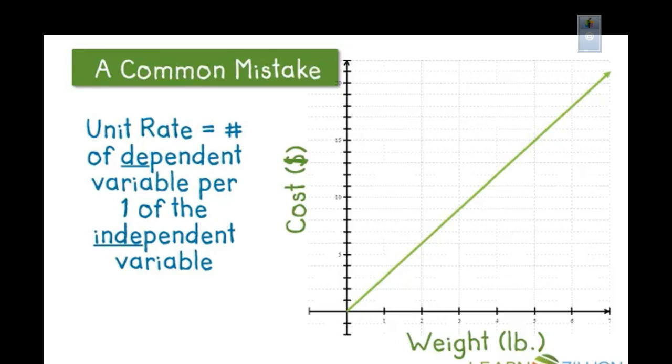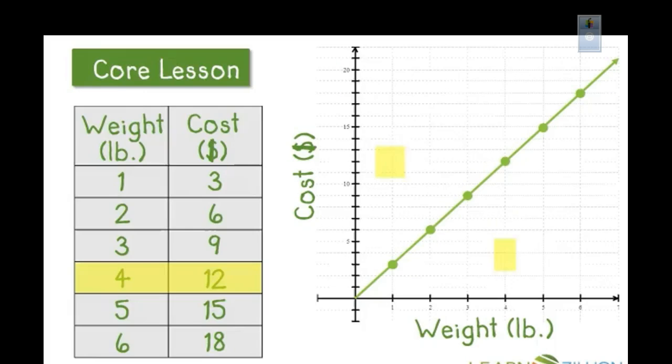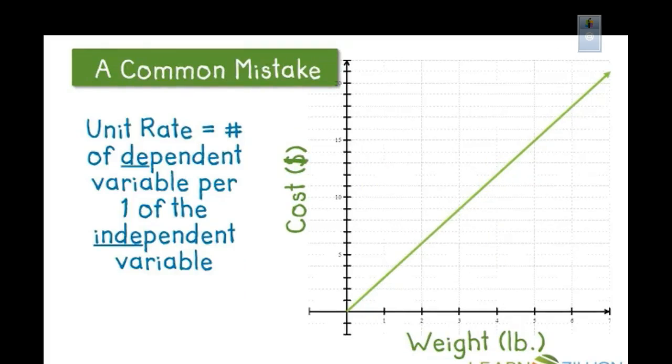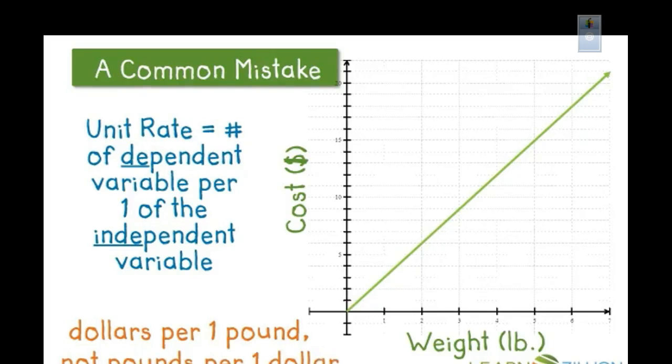Please write that right now where it says unit rate. I will put it up again for you in a few minutes. Okay? Is going to be the number of dollars for 1 pound, not the number of pounds for $1.